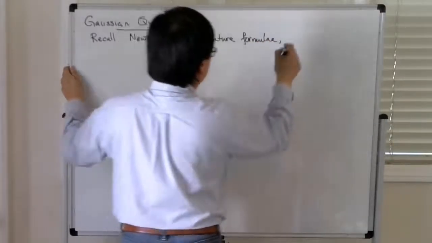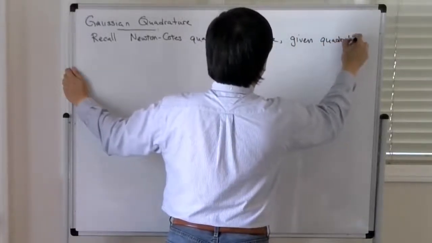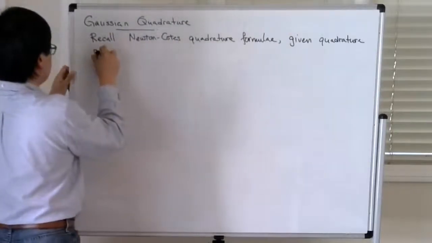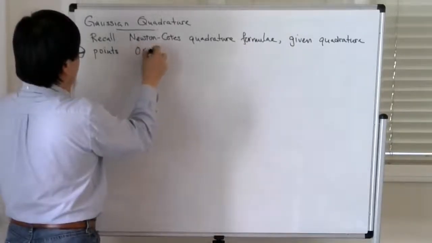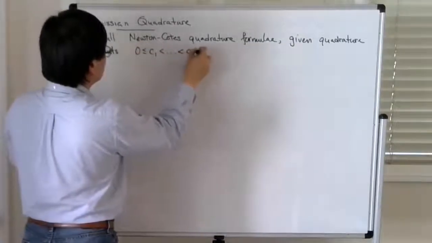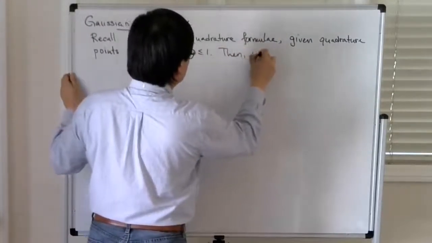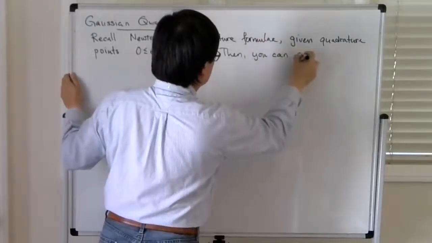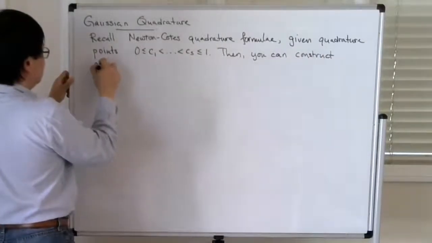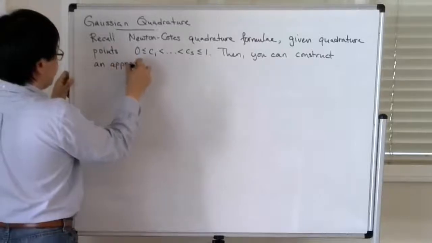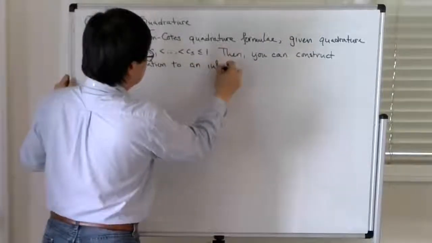Okay, so if you're given quadrature points, sort of normalized to the interval from 0 to 1, and they're distinct, then you can construct an approximation to an integral in the following way.